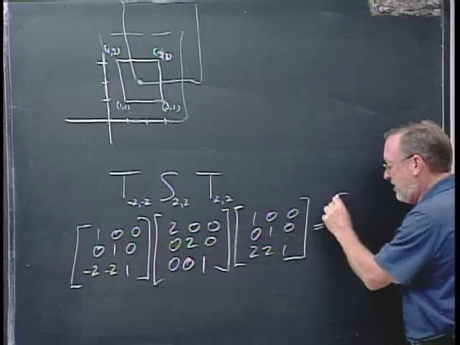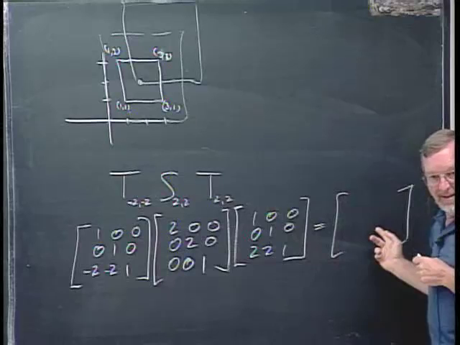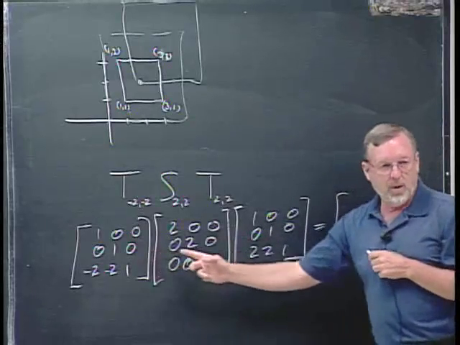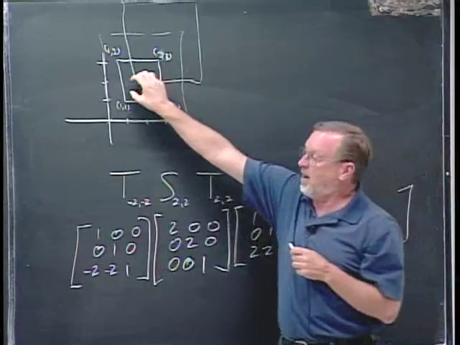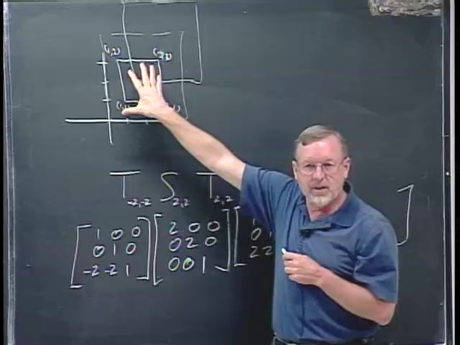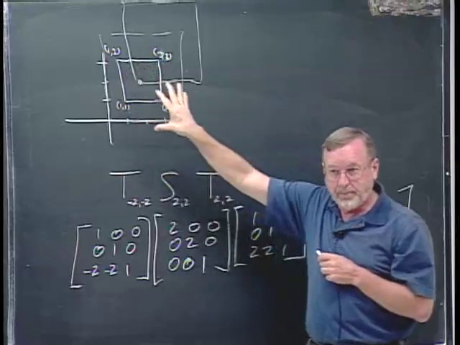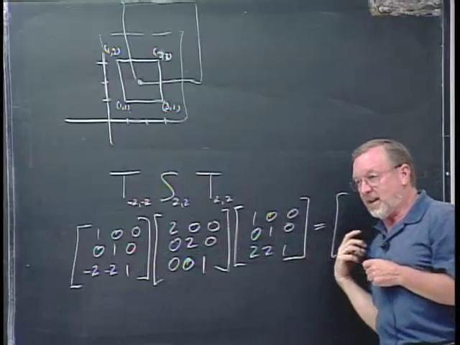And we can multiply these all together as 3 by 3 matrices into one matrix that does the job here. That's the beauty of using matrices: you can multiply them together and get one matrix that actually does your job.